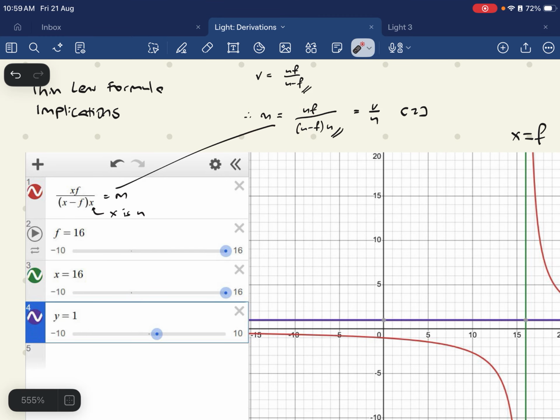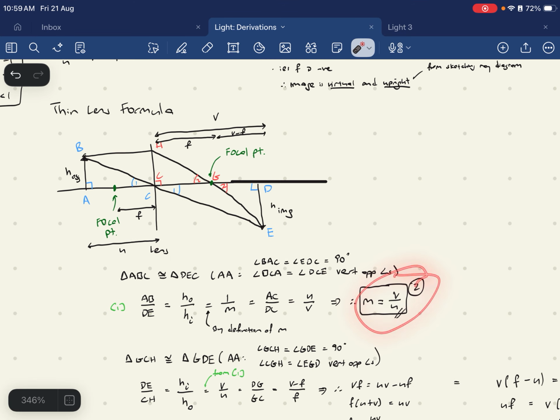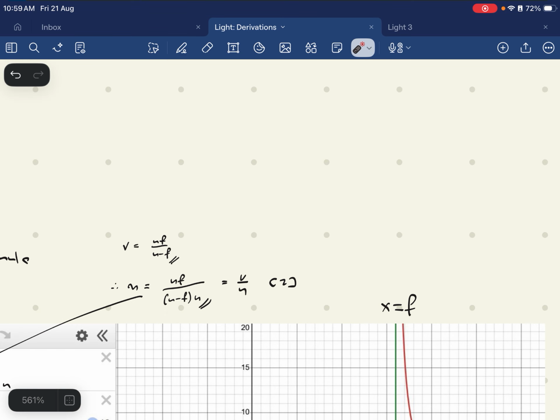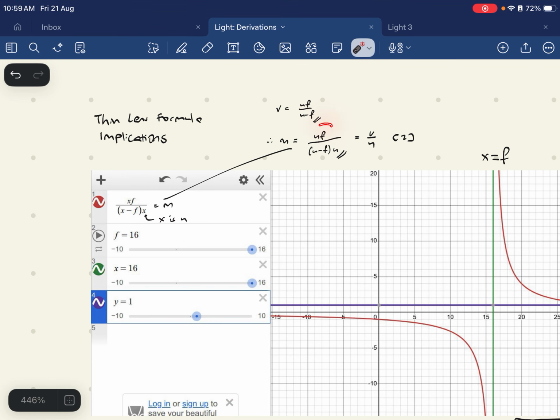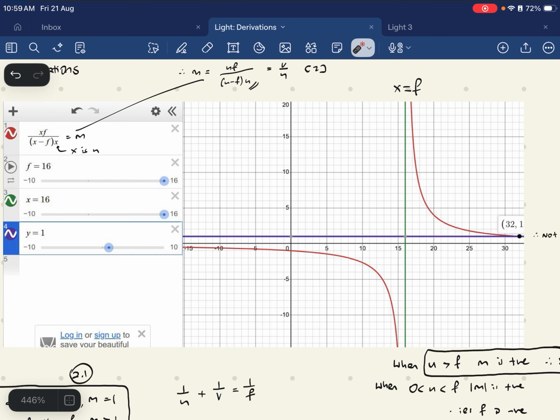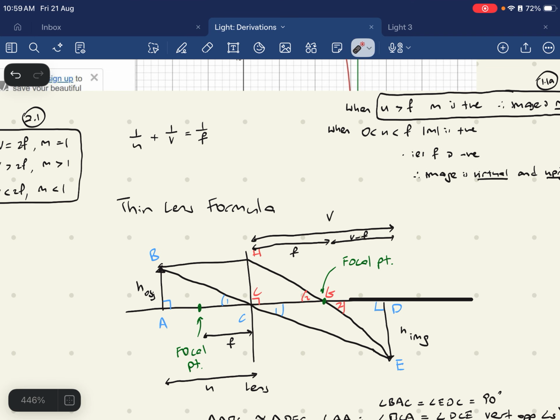So this expression for V, UF over U minus F, you can manipulate to obtain the magnification. Recall the magnification we showed just now is V over U. So we take the magnification V over U, which we express as UF over U minus F quantity multiplied by U, and then we plot it in Desmos, where we allow the x value to be the distance between the object and the lens.